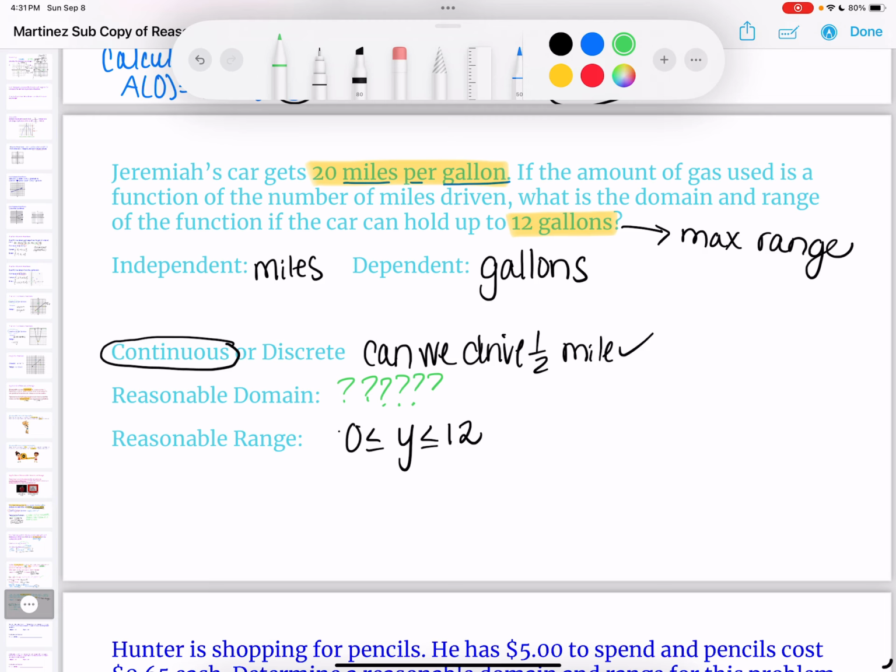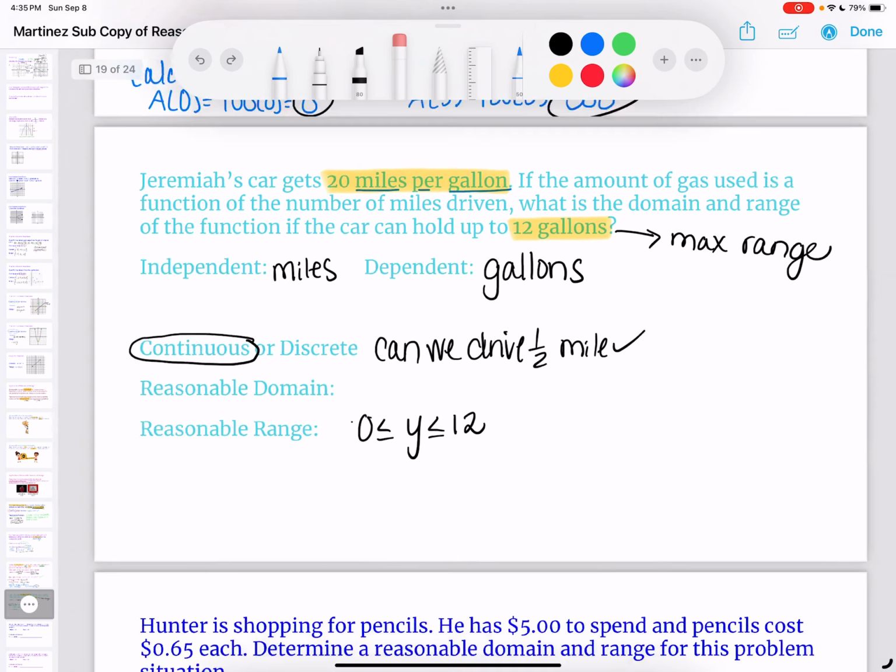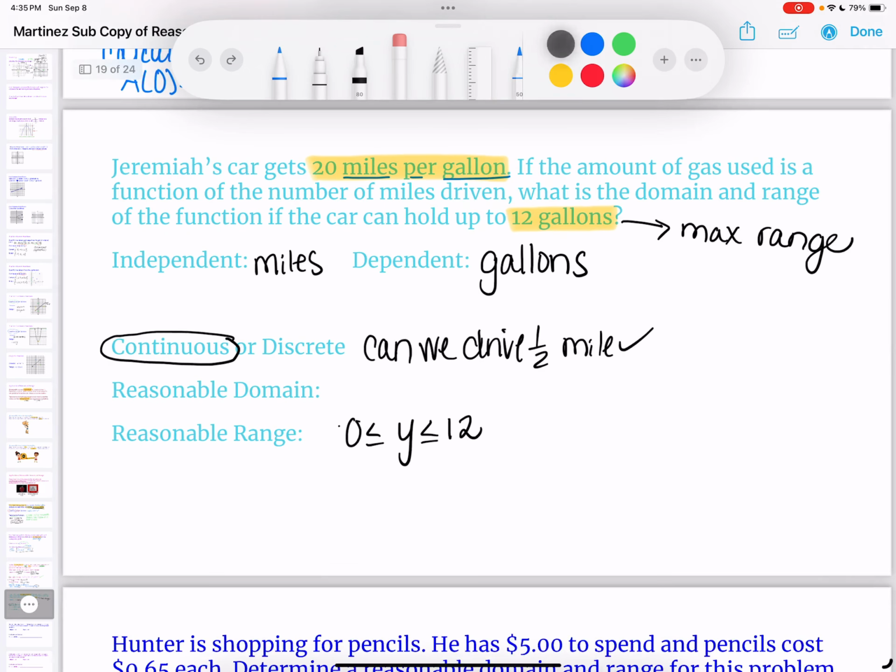Okay? We can see that the car gets 20 miles per gallon. Per represents division. So 20 is equal to the miles divided by the gallons.